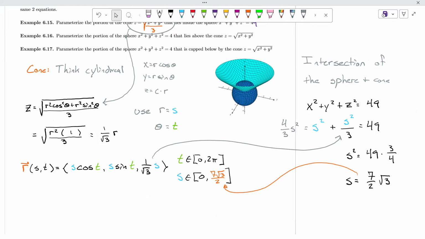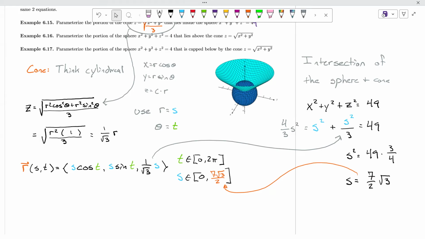Why just 0 for the lower bound on S? Yeah, solid question. So by convention, and in the way that you should probably be thinking about cylindrical and spherical coordinates when you're going to use them as a base for parameterization, our known parameters, being r and theta, and when we get to spherical, rho, theta, and phi, all have some standard windows that we like to think about them in.